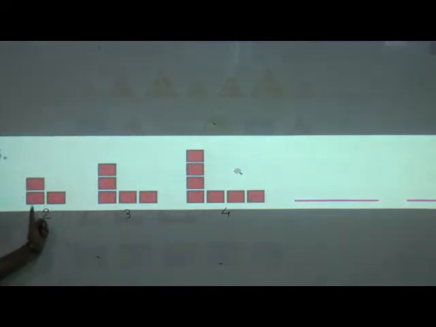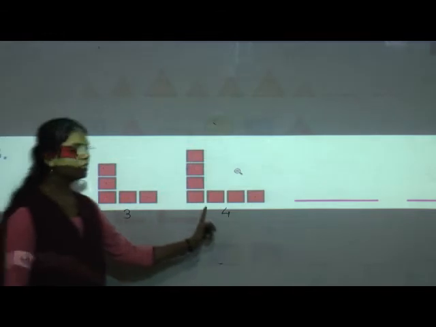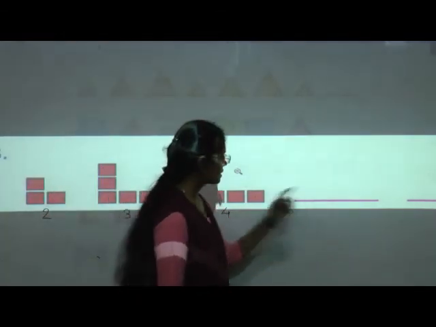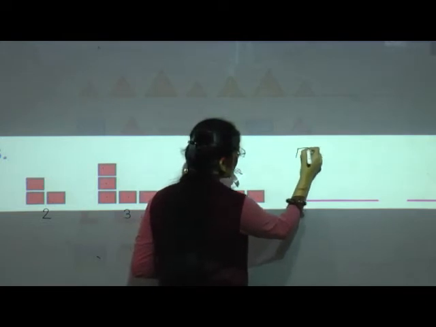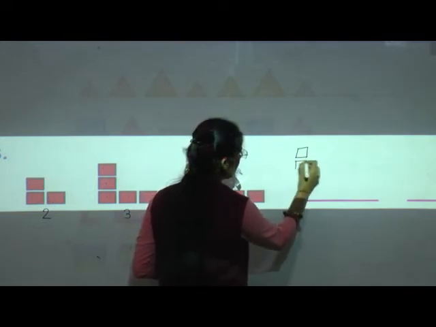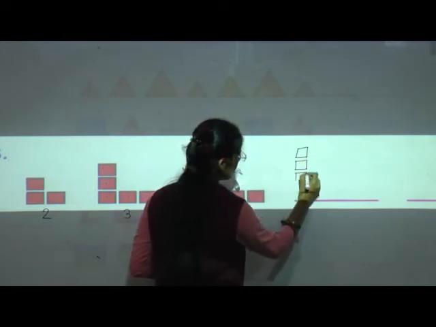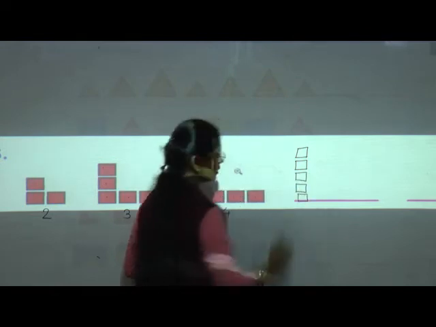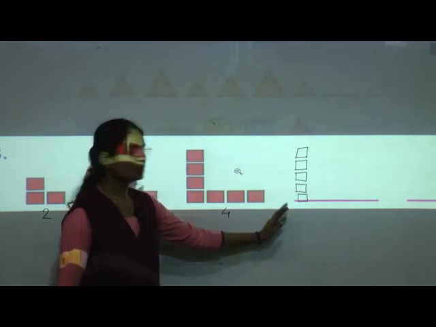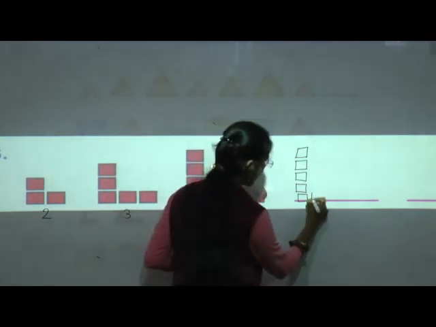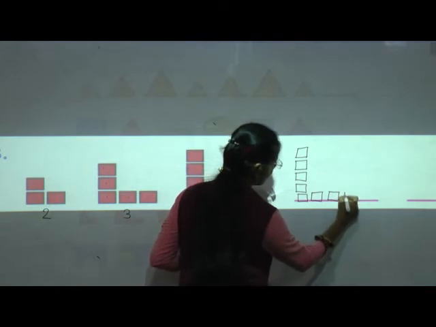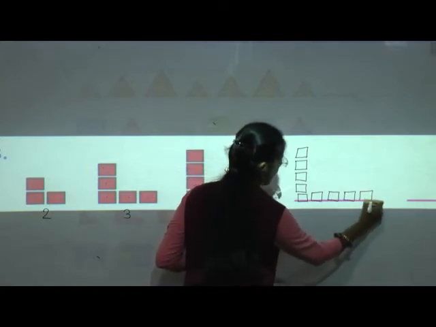Here 2 squares, here 3 squares, here 4 squares. Then how many squares do you have to draw here? Yes, you have to draw 5 squares here. 1, 2, 3, 4 and 5. This is vertically. Horizontally also you have to draw 5 squares. 1, 2, 3, 4 and 5.